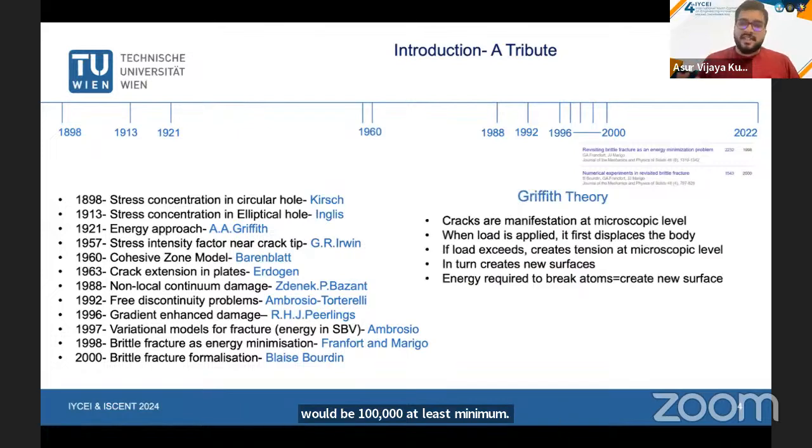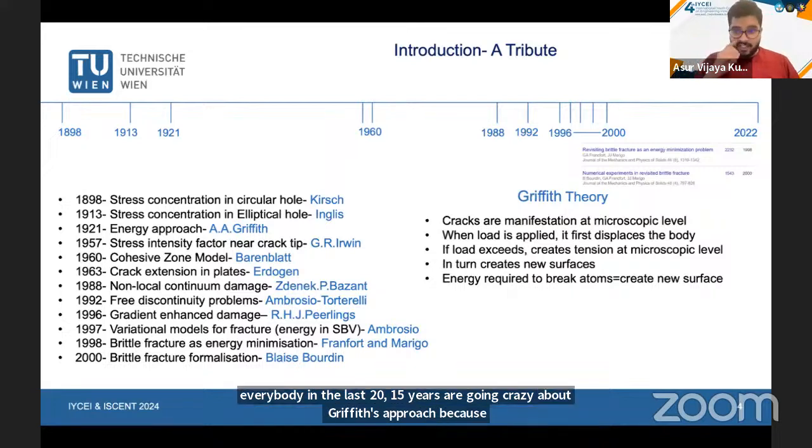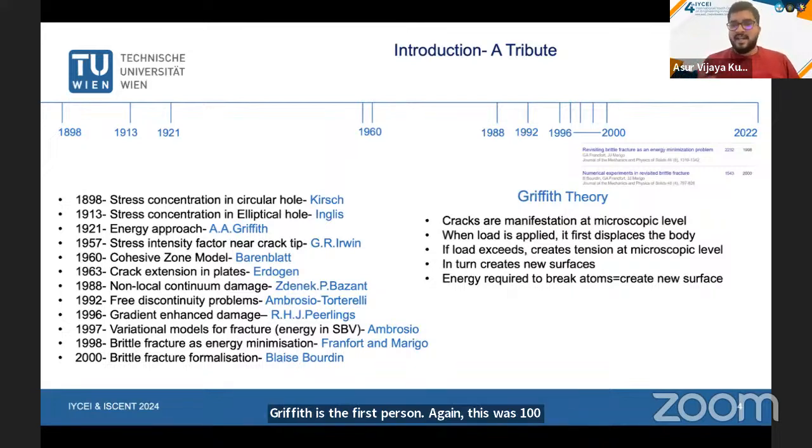So what is this Griffith approach? Why is everybody in the last 15 to 20 years going crazy about Griffith's approach? Because Griffith was the first person, again 100 years ago, who said that cracks are basically a manifestation at the microscopic level. So what is he trying to say here?